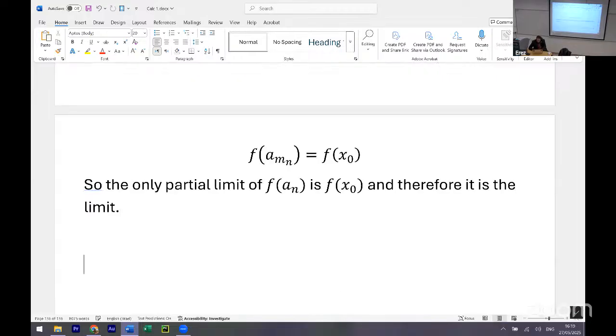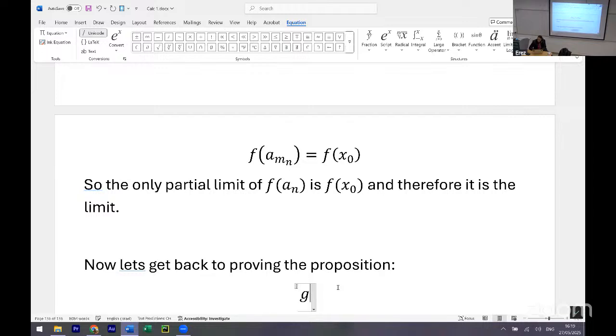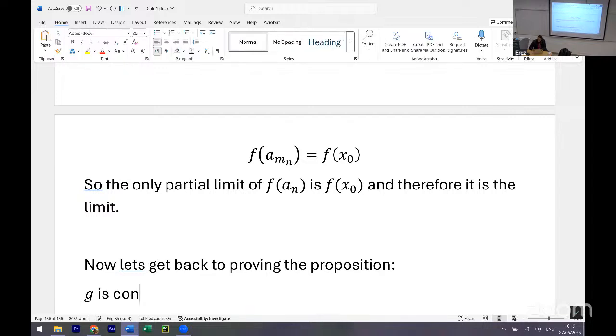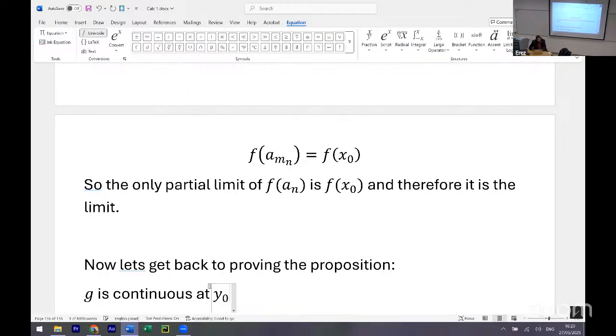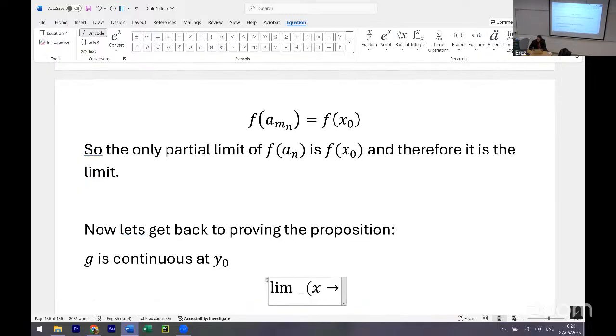Now, let's get back to proving the proposition. We assume that g is continuous at y0, and we assume the limit as x goes to x0 of f of x is y0.